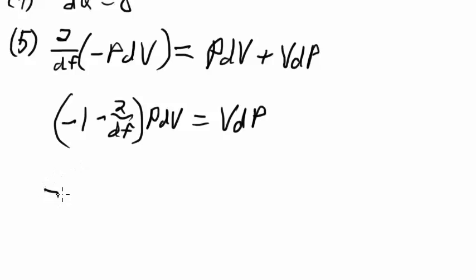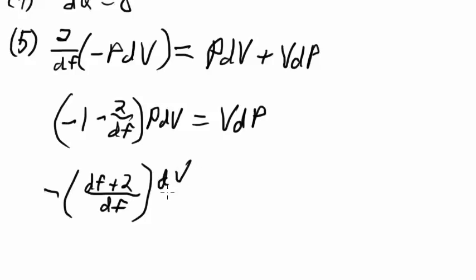And that becomes minus degrees of freedom plus 2 over degrees of freedom times PdV equals VdP. I'm going to go ahead and divide by V and divide by P. So we'll have dV over V equals dP over P.